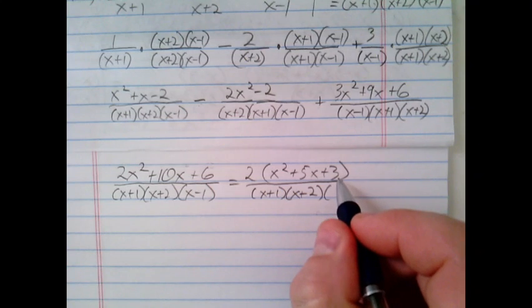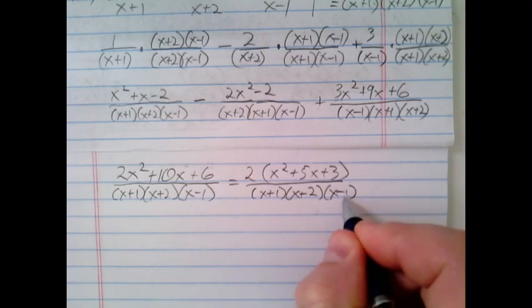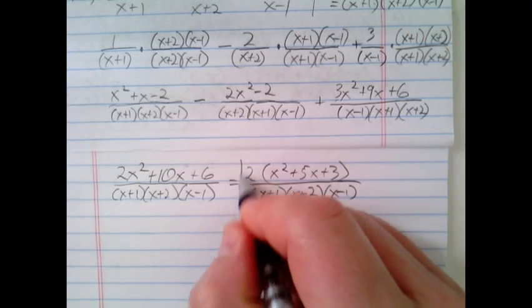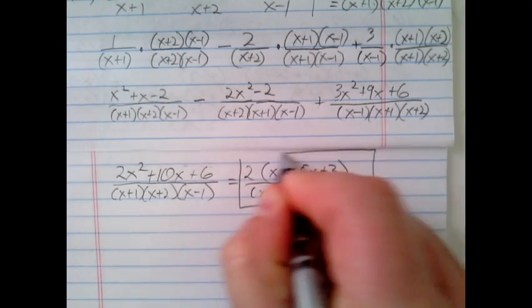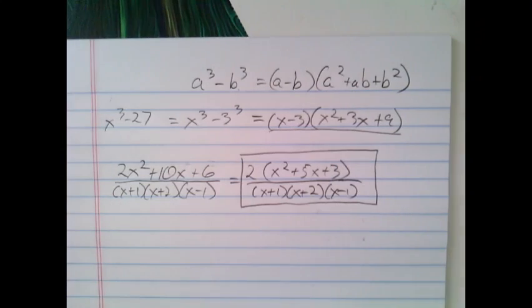Well, I would need two numbers that multiply to 3 and add to 5. I don't think that's going to work out. So this is our final answer. That was number 19. So now we need to move on to number 20.